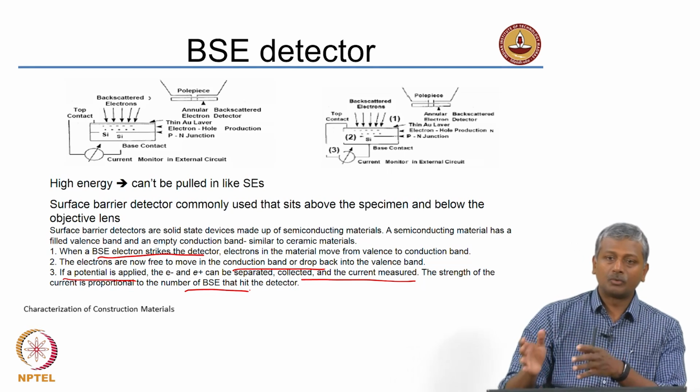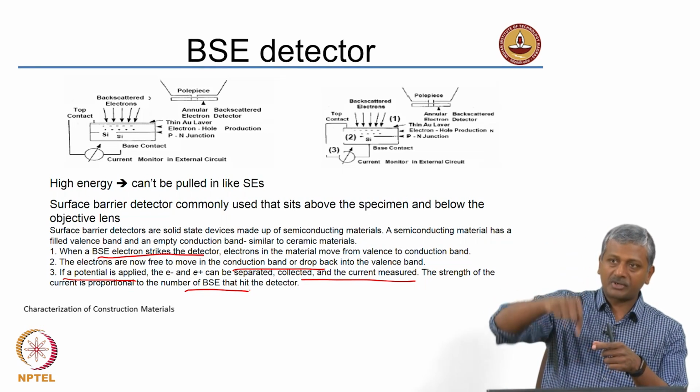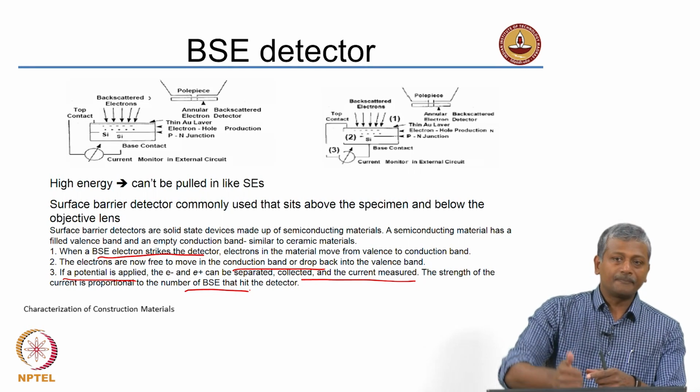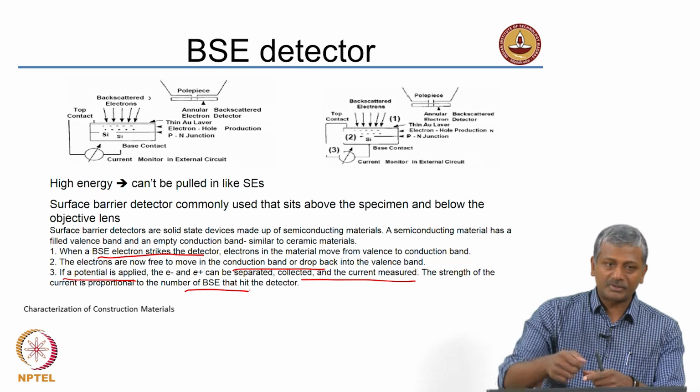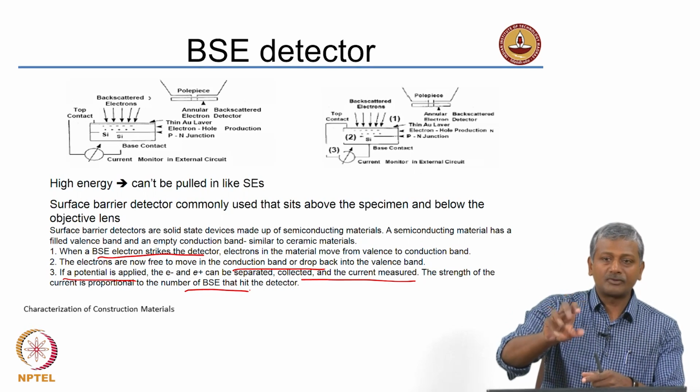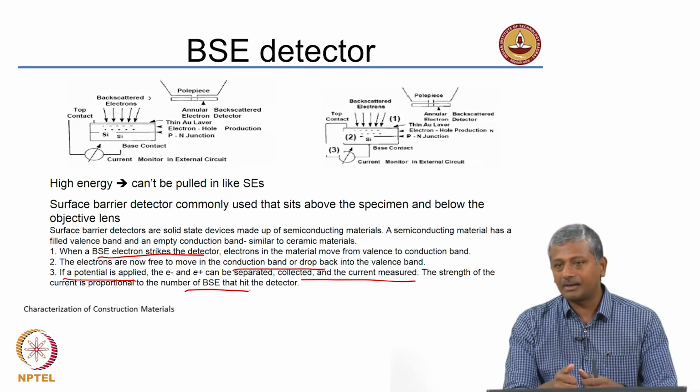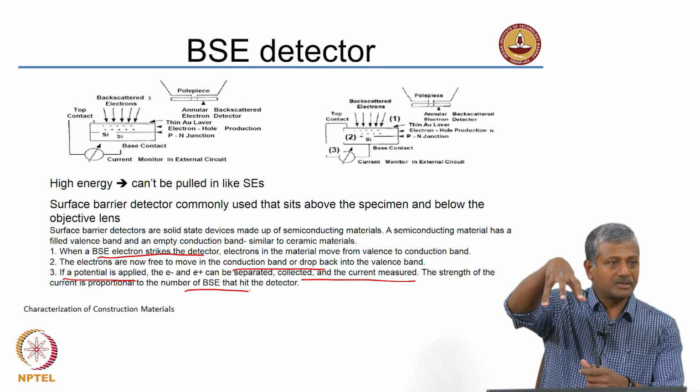So, what you need to remember first is, with the electron beam striking the sample, more backscatter will happen for denser specimens because there will be greater mass of the nuclei. So, there will be elastic scattering, and these electrons are collected by the detector.